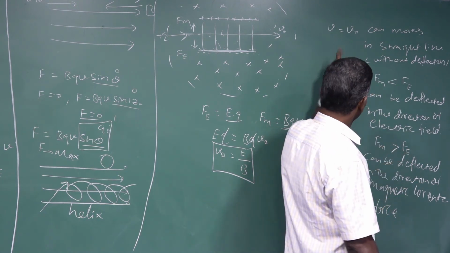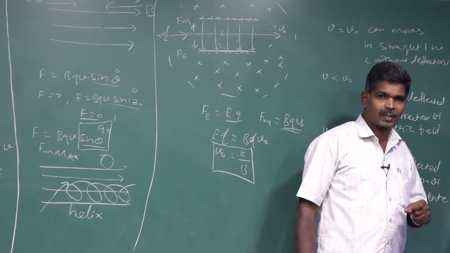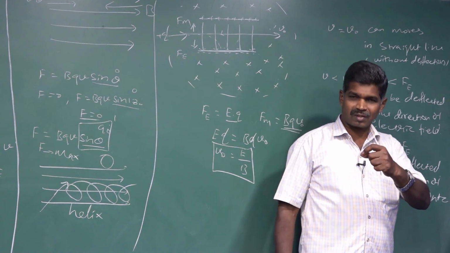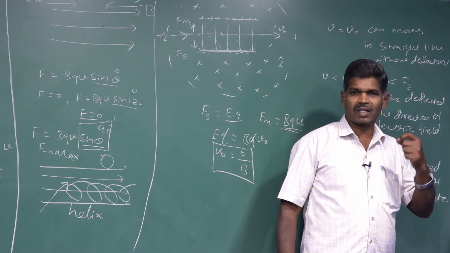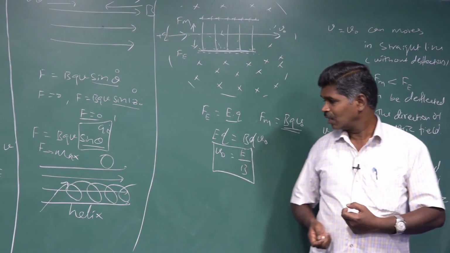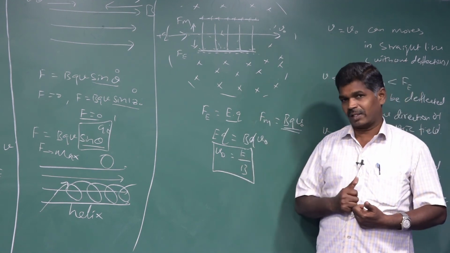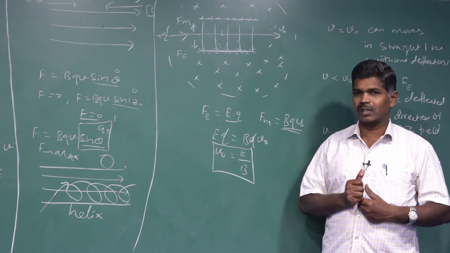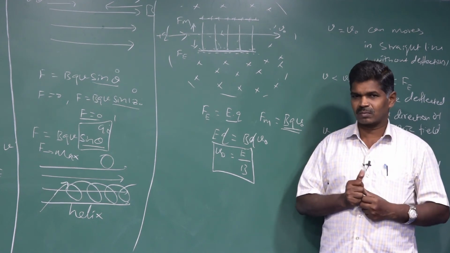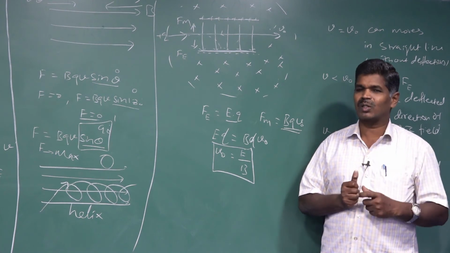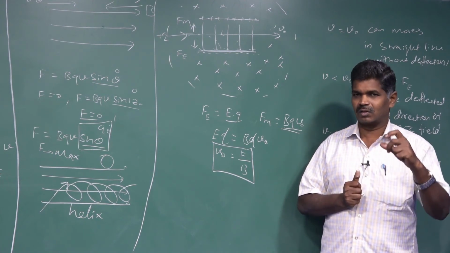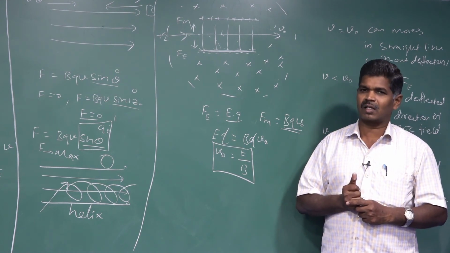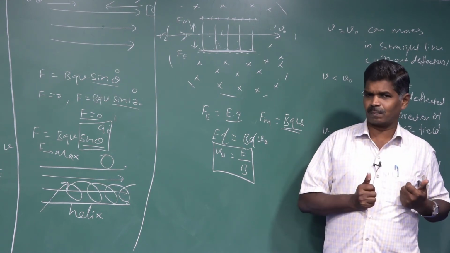So from these three conditions, we can say charged particles can be selected for one particular velocity if you apply a definite electric field and magnetic field. Our arrangement should be two crossed fields at right angles to each other, having particular values. Then the charged particles are taken out in a straight line itself.